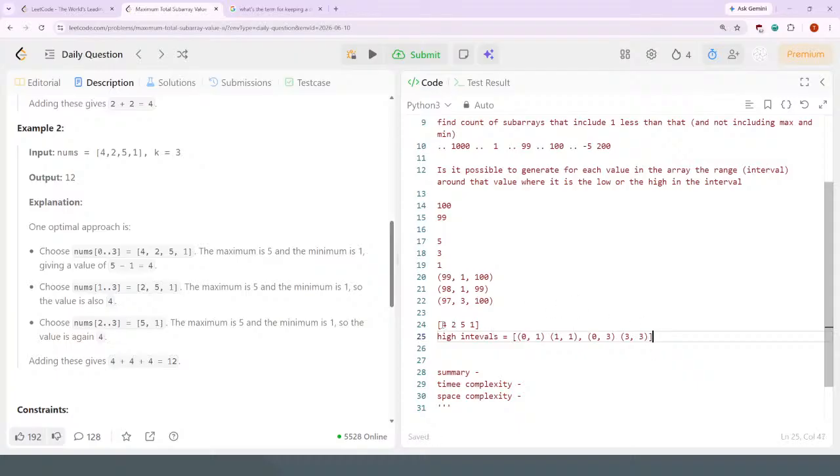I maintain a monotonic stack of increasing values. So 4, 2 would pop out the 4.